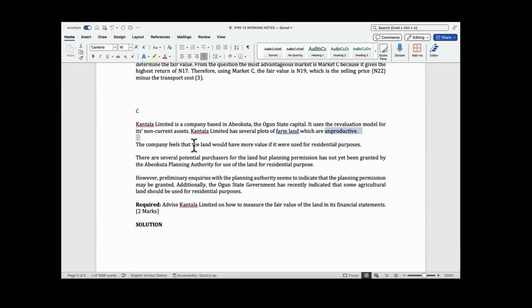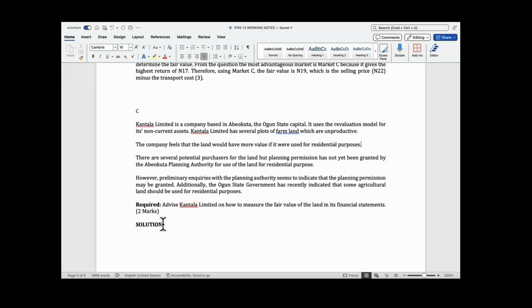The company feels that the land will have more value if used for residential. That means the highest and best use for this asset is the residential purpose, and in determining fair value, we would determine it based on residential purposes.